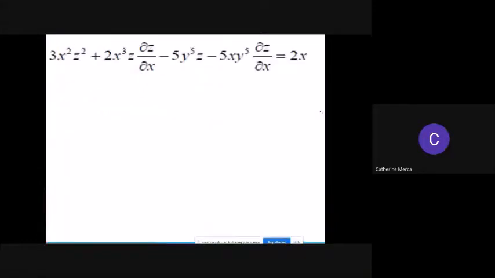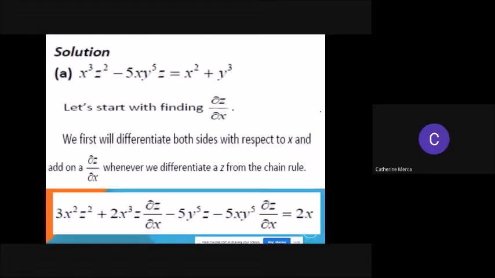Ito natin, pisa natin. 3x squared, z squared plus 2x cubed. Balikan muna para makita ninyo balik. Ano siya, you will have x cubed, z squared.